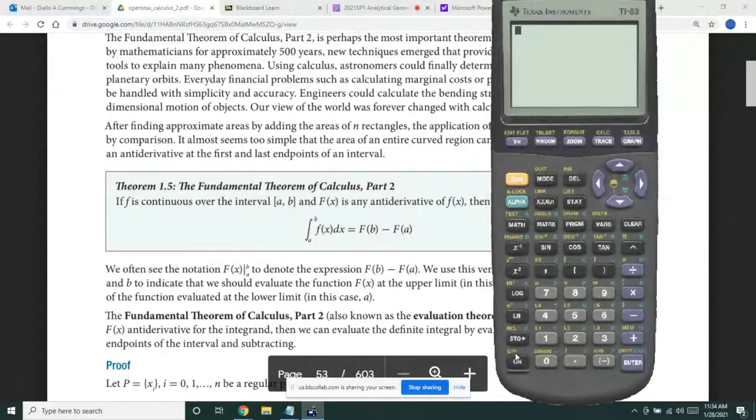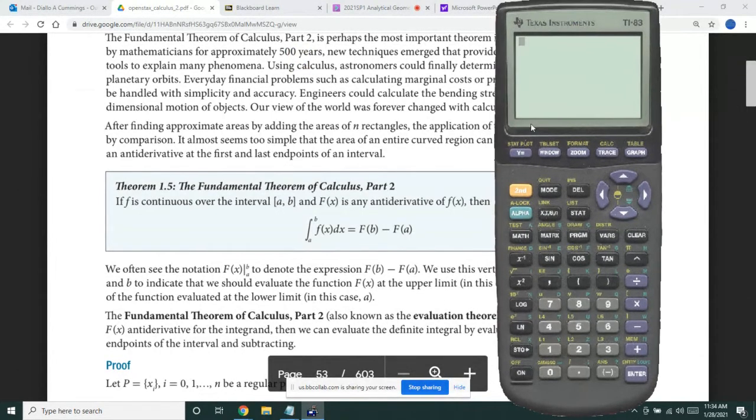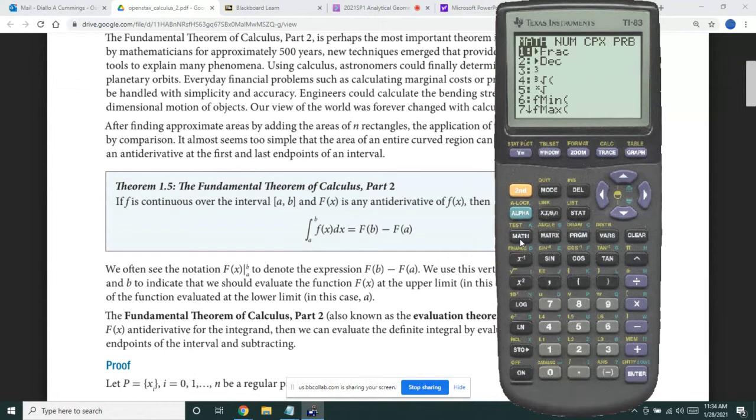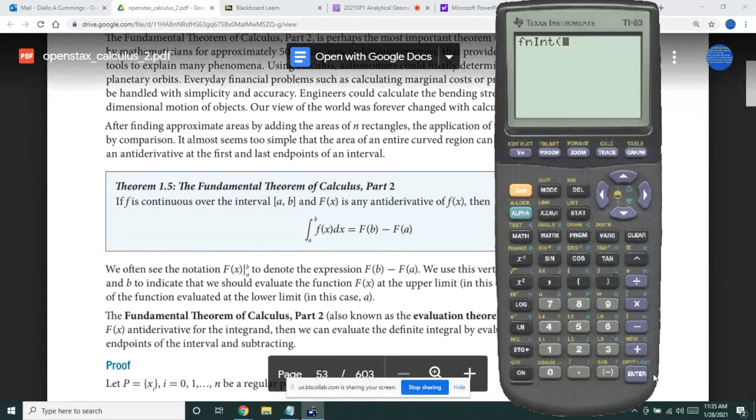All right, so I have up my calculator, and in order to integrate using the calculator, I want to hit math. Okay, now these steps will apply for the TI-84, 84 plus, 83, 83 plus. I'm going to scroll down to FNINT, which is short for function integration, and I want to press enter.